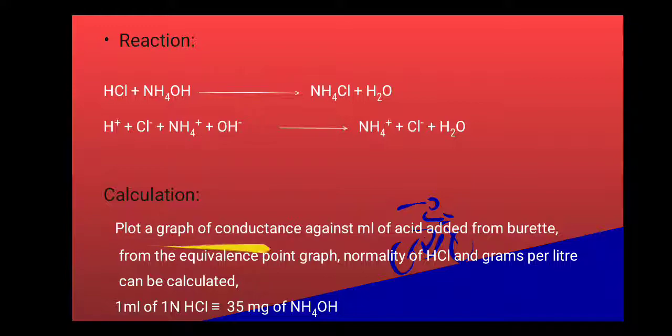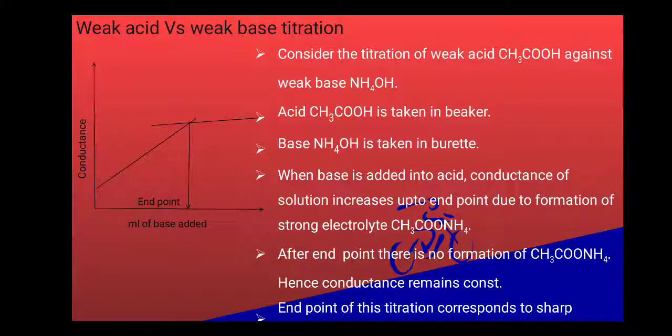We have to plot the graph of ml of acid versus conductance of the solution, and the nature of the graph is what we described just now in the previous slide. And by using the relation 1 ml of 1 normal NaOH corresponds to 35 mg of NH4OH, you can find out the concentration of acid or base from this relation.